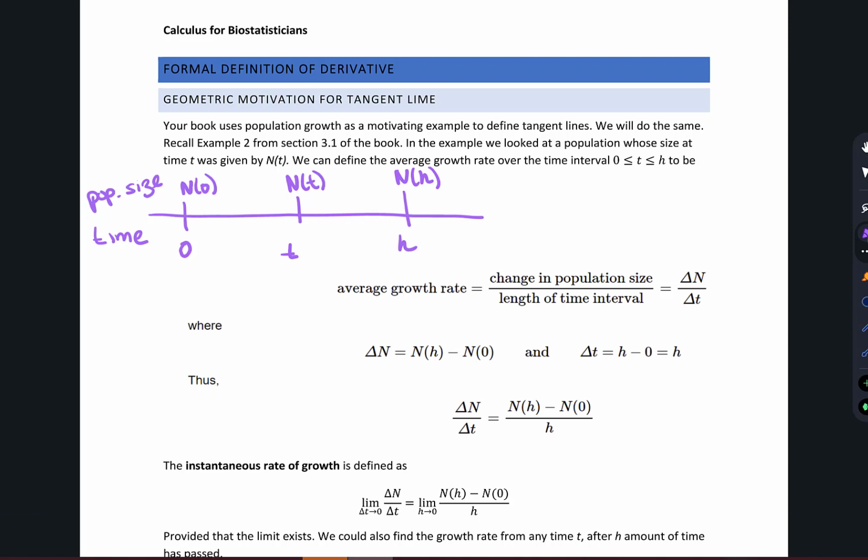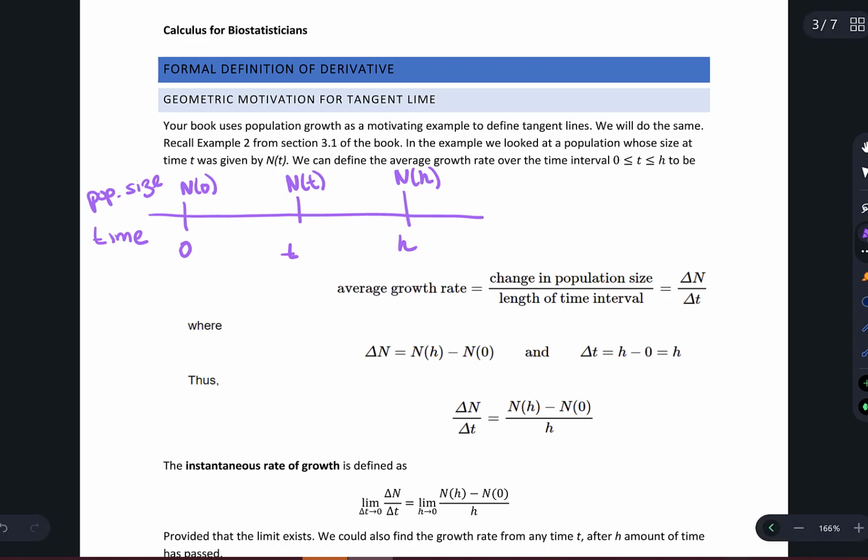Okay? When we talk about average growth rate, we want to look at the ratio of the change in population size over the length of time in the interval.